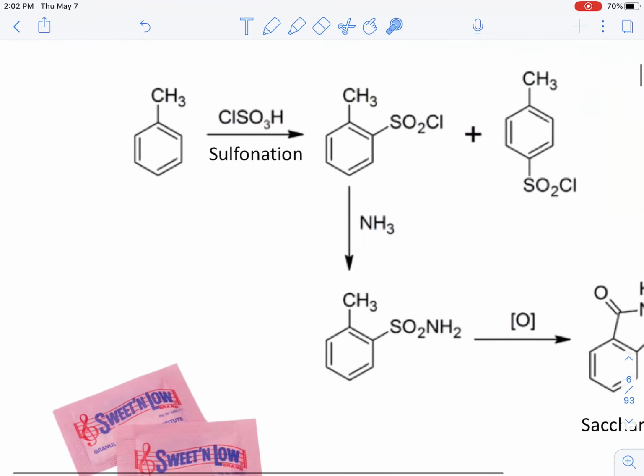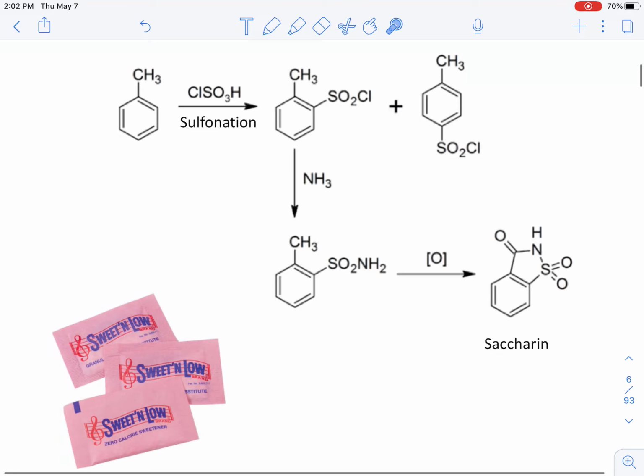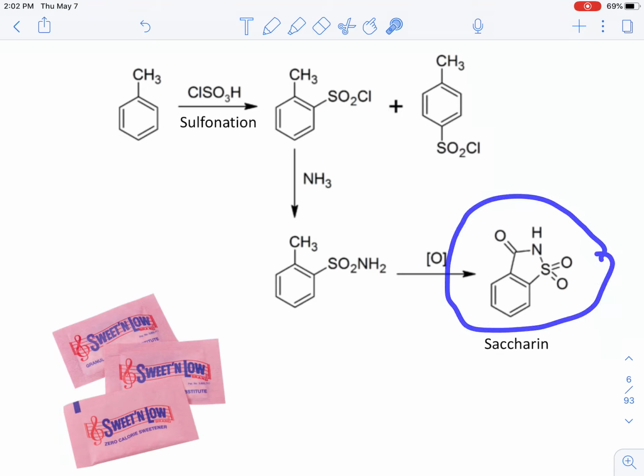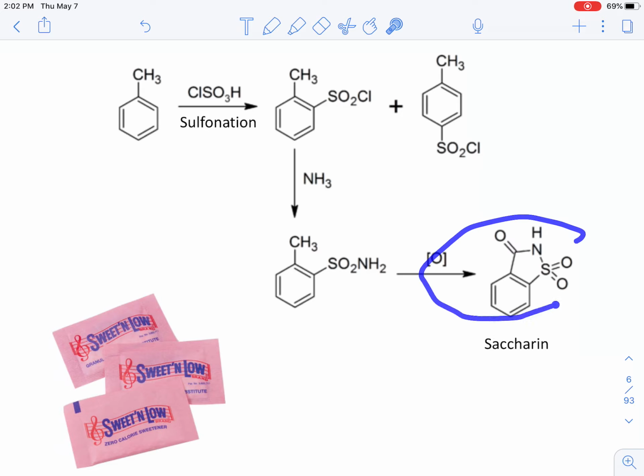And so just very briefly, you guys don't need to memorize this, but this is the organic structure of saccharin. When you're looking at the structures of these non-carbohydrate artificial sweeteners compared to their carbohydrate counterparts, you'll definitely see that there's very little similarity between them.